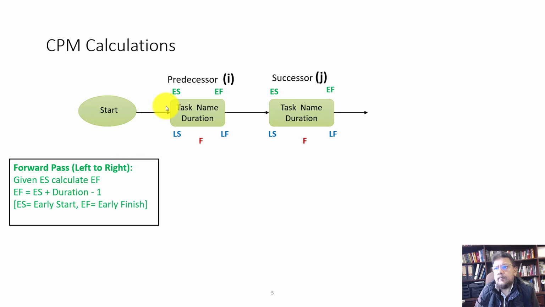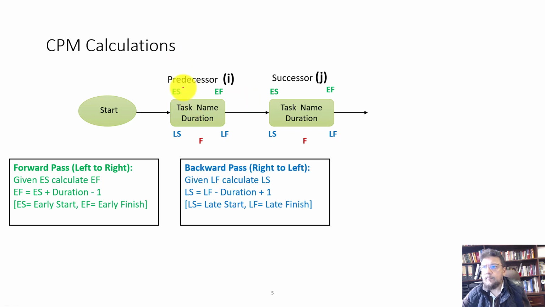For example, if the early start was 1 and it is a 10-day activity, then it would be 1 plus 10, that's 11, minus 1 is 10. So early start would be 1 and early finish would become 10.